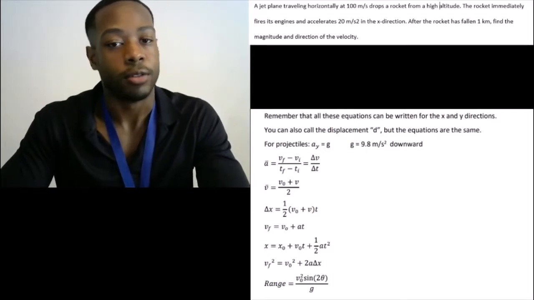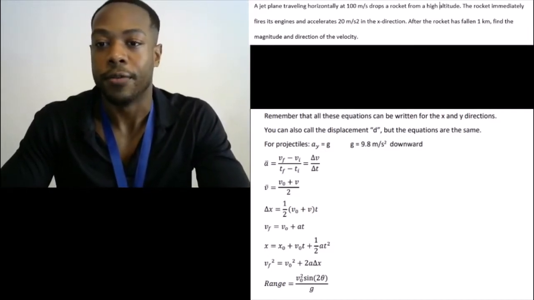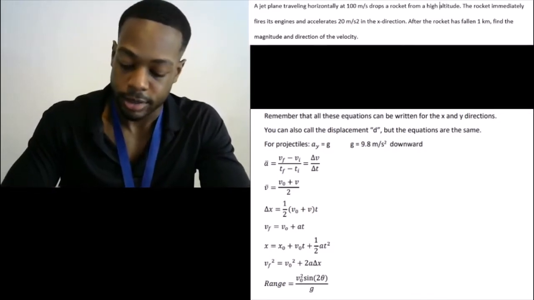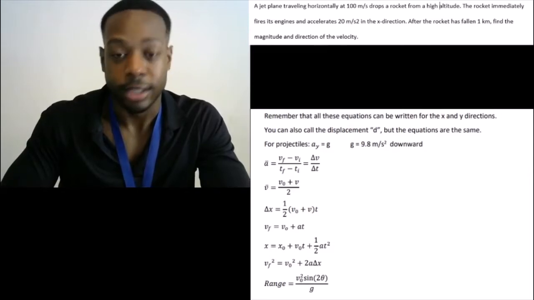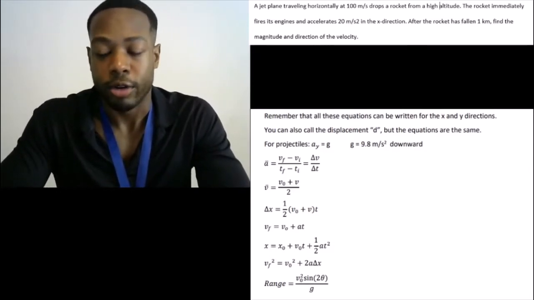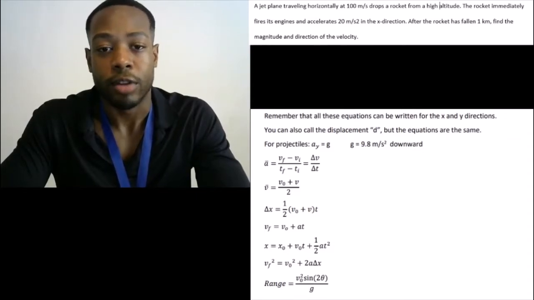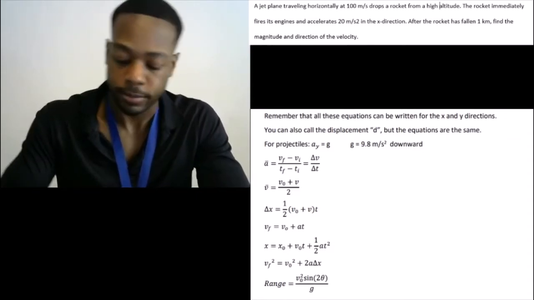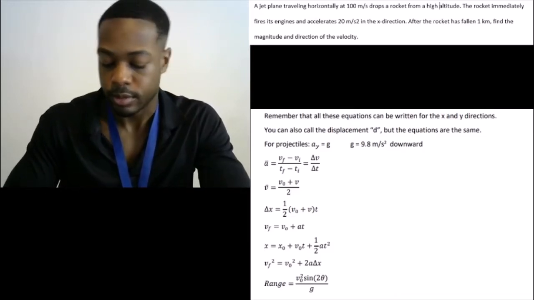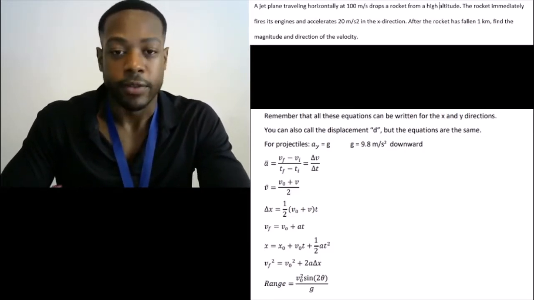It just sort of falls out of the plane, right? So 0 is our initial Y velocity, and we know that gravity provides an acceleration of what? Negative 9.8, right?